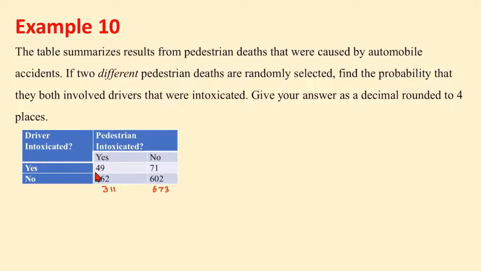Similarly, if we add these two, 49 and 71, that is 120, which means there are 120 accidents in which the driver was intoxicated. And if we add these two, it will be 864, meaning there were 864 accidents in which the driver involved was not intoxicated.